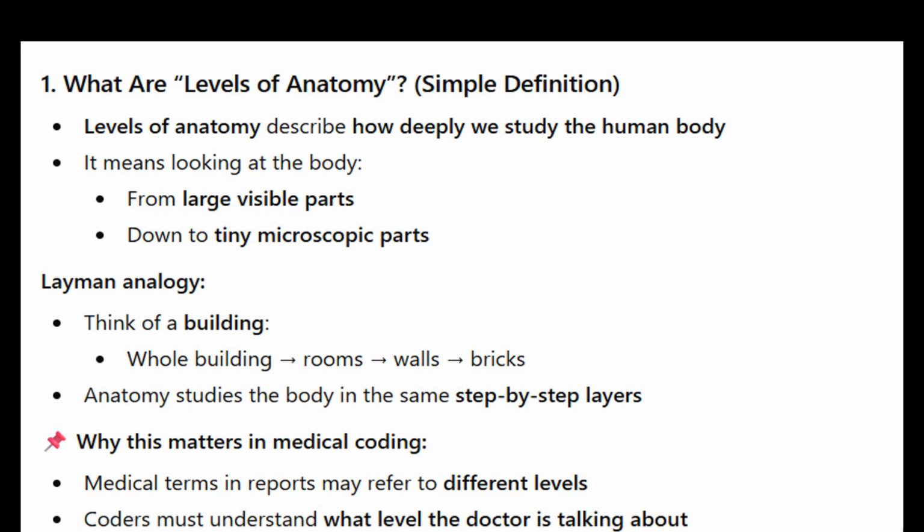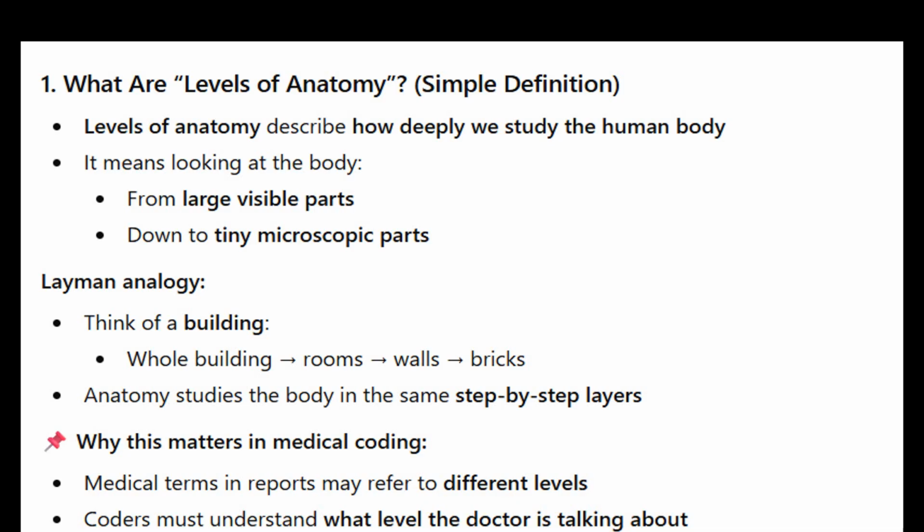So you can clearly understand the levels. Somewhere we are talking about the rooms, somewhere about the walls and bricks. These all come under the layers of that building. Likewise, anatomy studies the body in the same step-by-step layers.